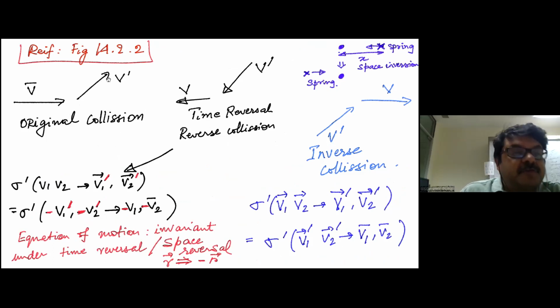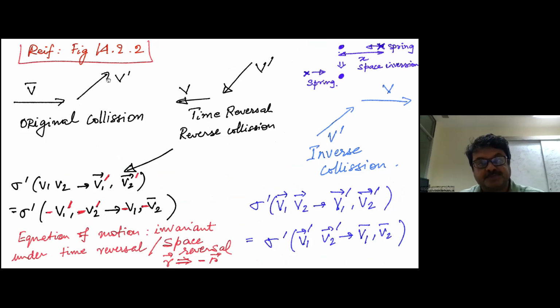Now, if there was a time inversion, if time went from t to minus t, then all the velocities would be reversed. So when the scattering is happening with forward time, V1, V2 was going to V1 dash and V2 dash.